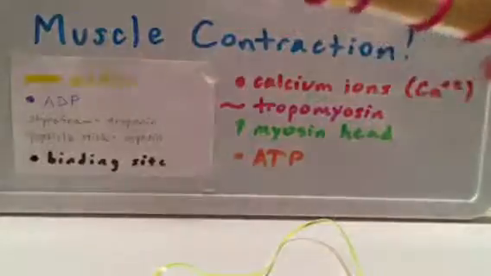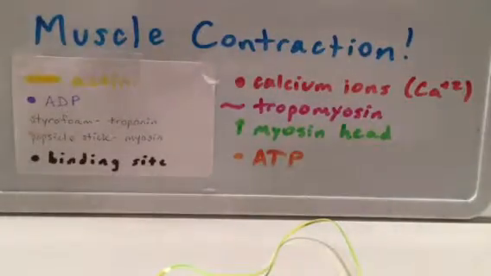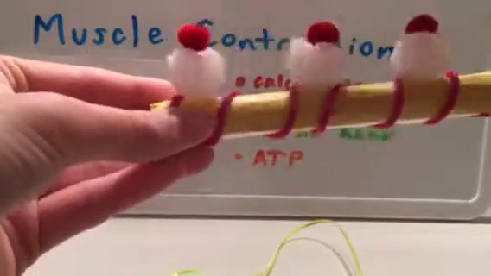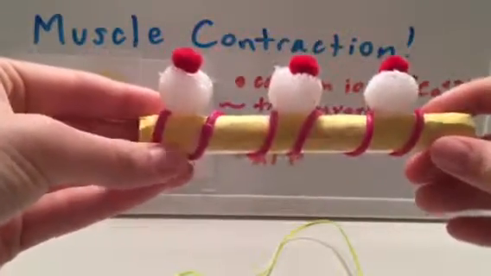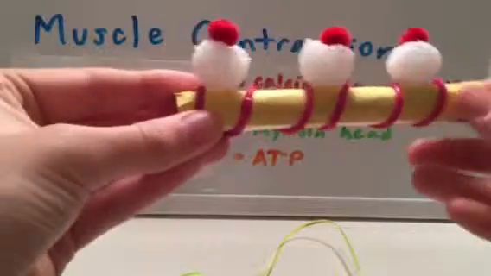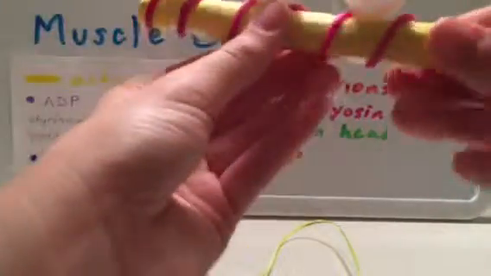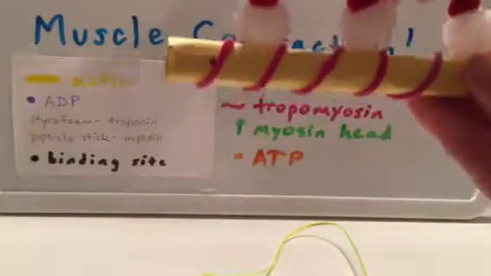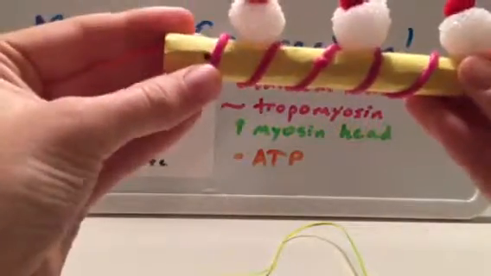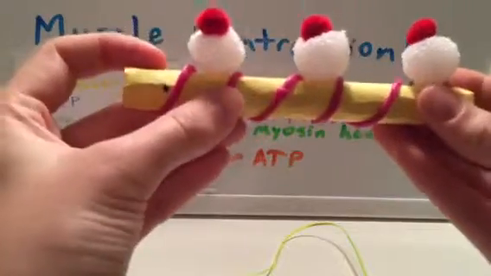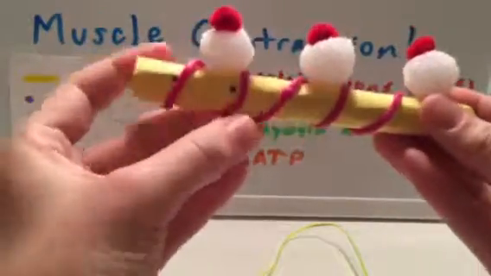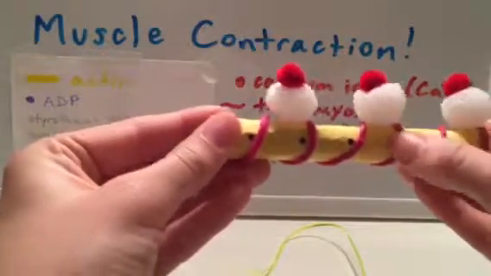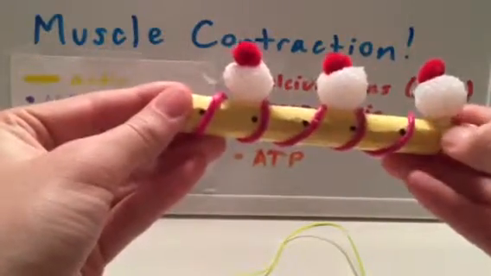Okay, so once they attach to the troponin, the tropomyosin moves to expose binding sites, which are represented by the black dots here.